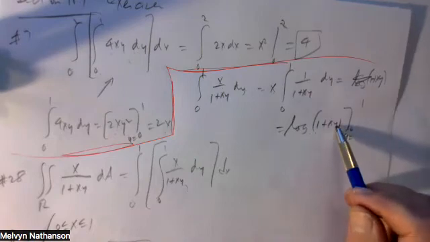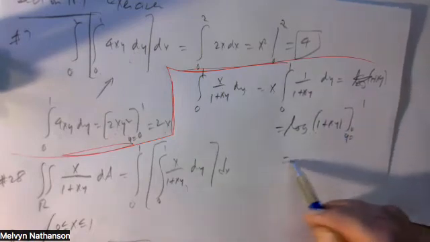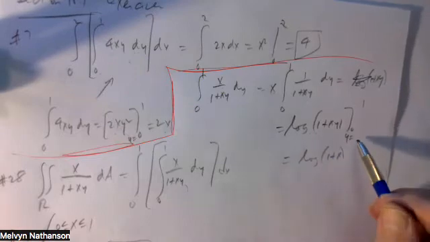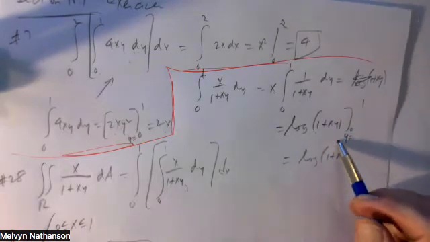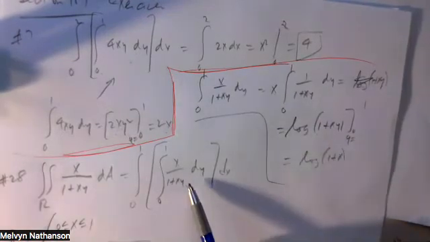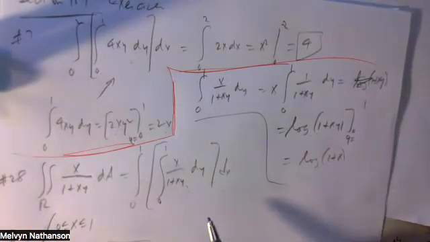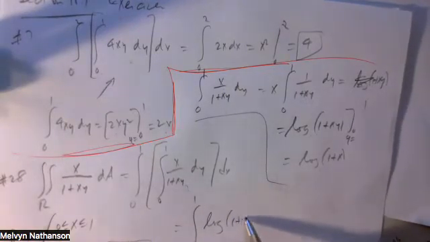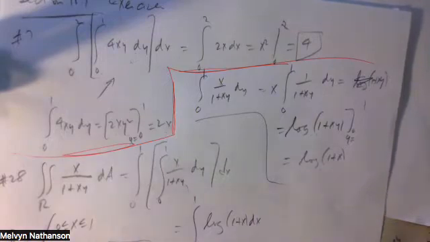When y is equal to 1, I get the log of 1 plus x. And when y is equal to 0, I get log 1, which is 0. So this inside integral is just the log of 1 plus x. So this is the integral from 0 to 1 of the log of 1 plus x dx.